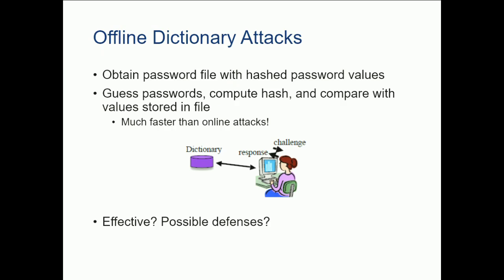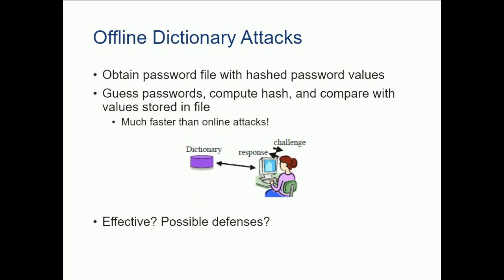If the attacker just wants to find out the password for one single particular user, then essentially he will use the online dictionary attack to try as many times as he can. But in the offline dictionary attack, the goal of the attacker is not to figure out one particular user's password. Instead, the attacker wants to figure out the password of some of the users, or as many users as possible. So what will the attacker do in this case?